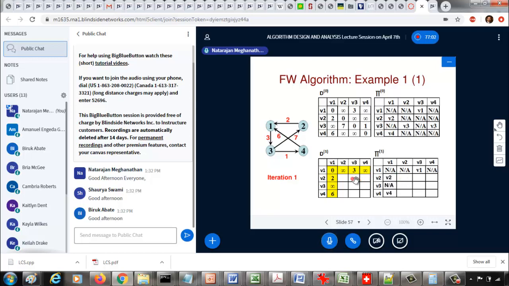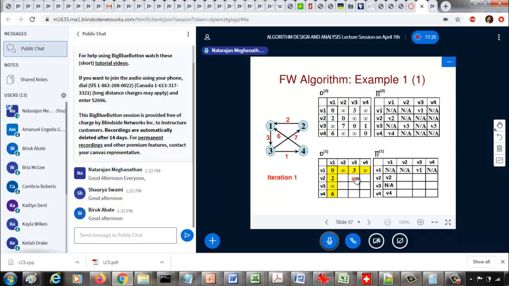Like in this case. To decide which two cells you have to add from this cell, I comma j, draw a horizontal line to the highlighted column that meets at value 2, and draw a vertical line to the highlighted row that meets at 3. So we add 2 plus 3, that is 5. That is less than the cell value here, which is infinity.